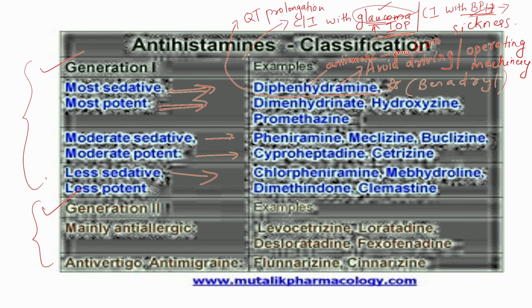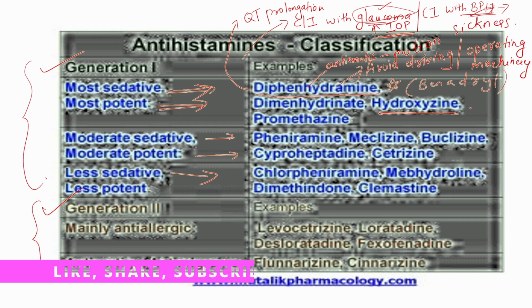Then we have discussed hydroxyzine, which is the most potent generation 1 antihistamine. These drugs are used mainly for anxiety related insomnia. Also we are giving hydroxyzine for anxiety related insomnia.